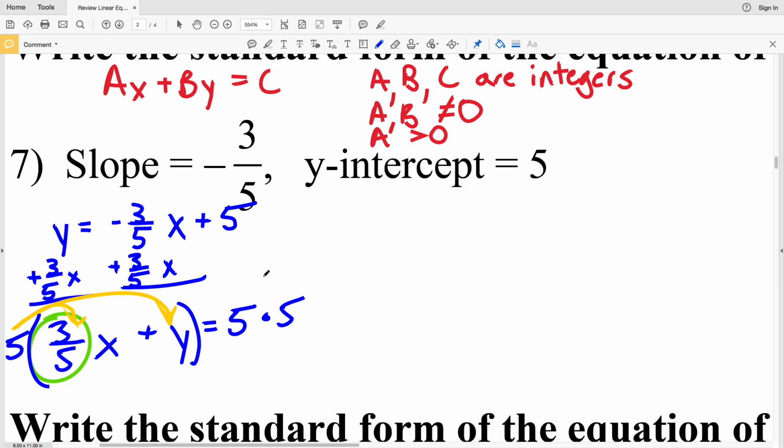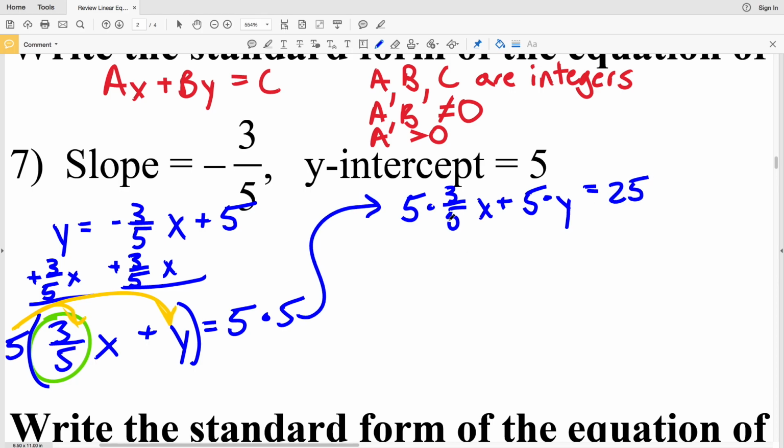So 5 times 3/5 x plus 5 times y is equal to 5 times 5, which is 25. 5 times 3/5 is going to equal 3, so that will be 3x. And we're adding that to 5y, and that is equal to 25.